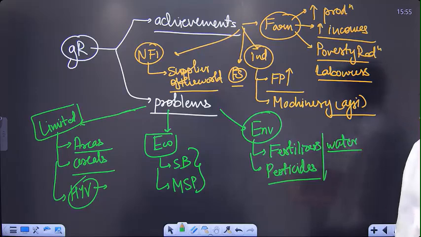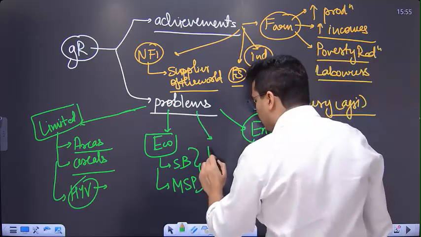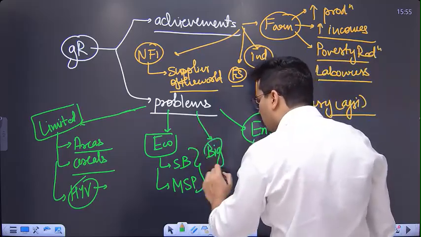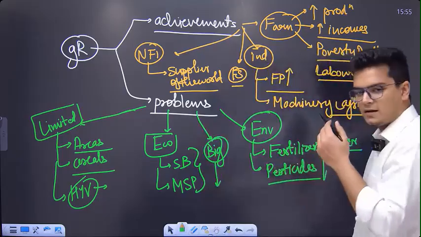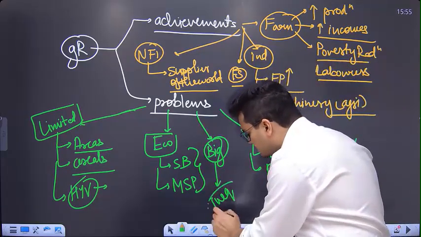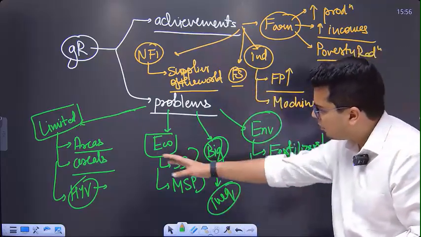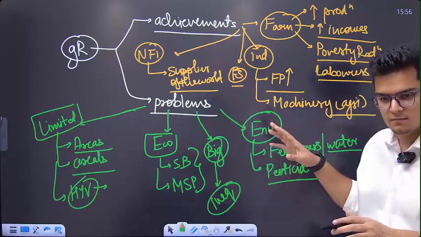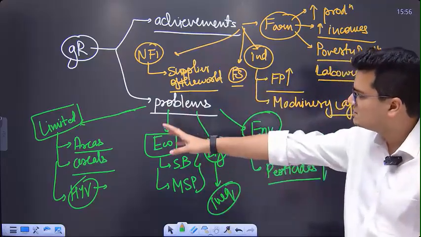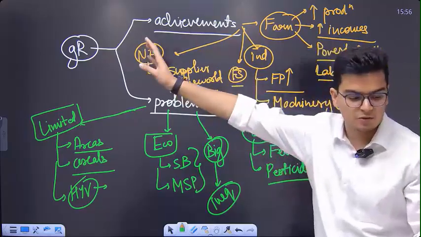Since they are extracting groundwater and there are power subsidies, and also because certain bigger farmers are now getting more remunerative agriculture, it starts creating inequalities in Indian agriculture. Okay. Now, these problems we have read about. We have read about the problem of seeds, the problem of fertilizers, pesticides, etc. They are coming from the Green Revolution.